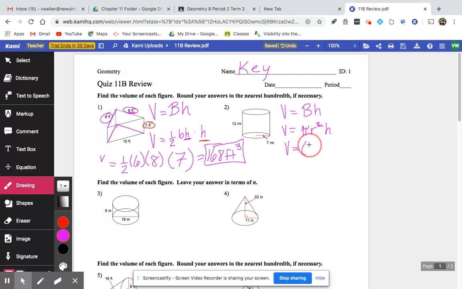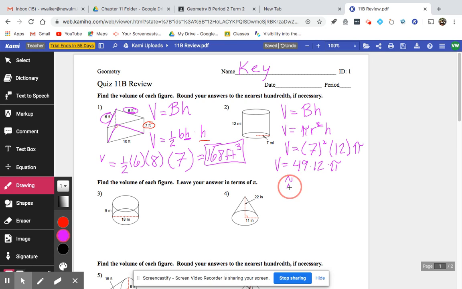So we have 7 squared times the height, which is 12. Now I'm going to throw a pi at the end. So V equals, we got 49 times 12 times pi. Multiplying all of that together, we'll end up with 588 pi.